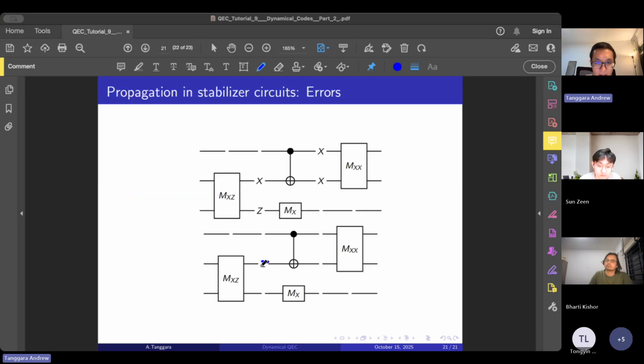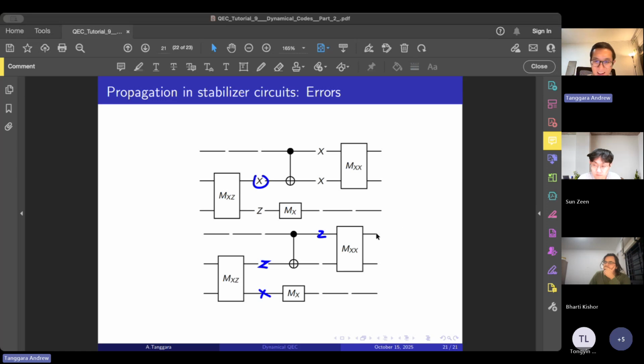Say I have that Z error there. That can be detected because this Z anti-commutes with this X here. The same thing if I have a Z error there, or a single qubit X error there.